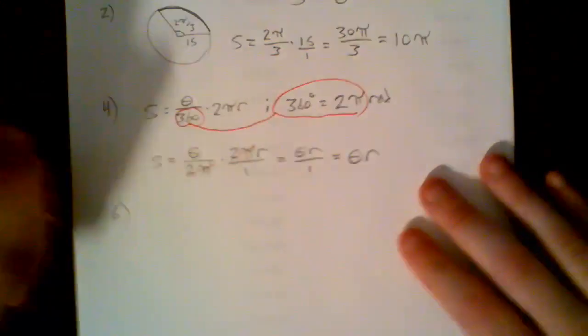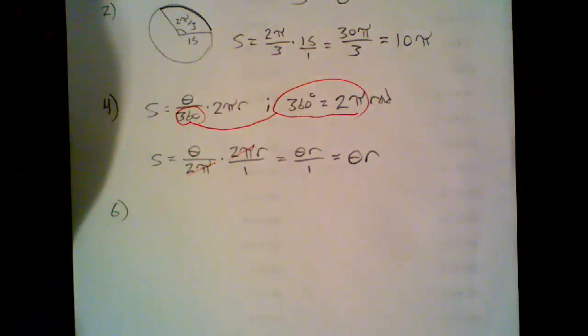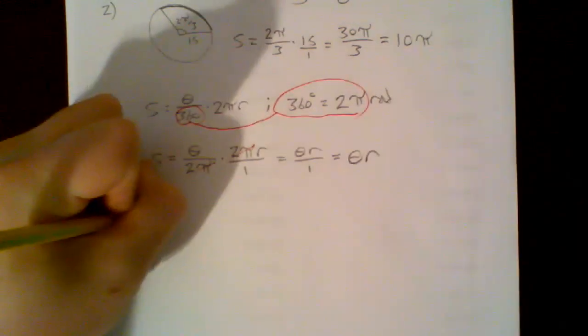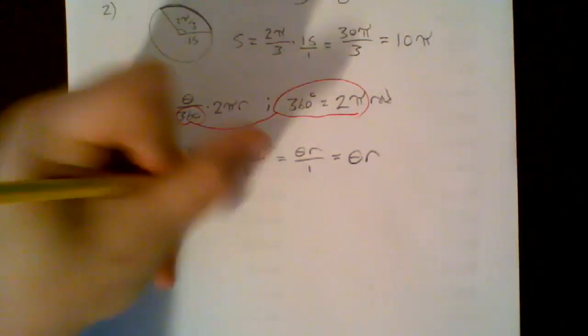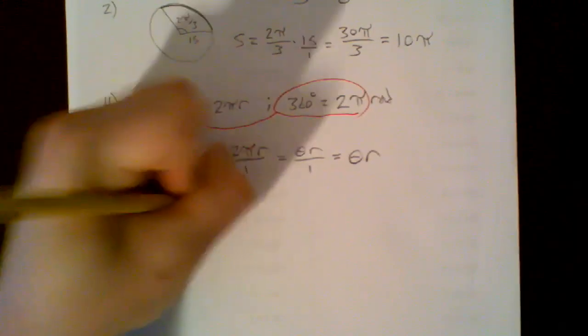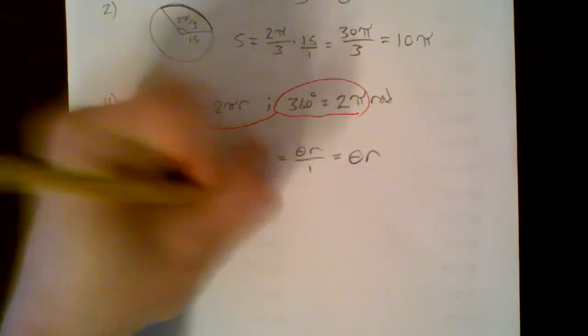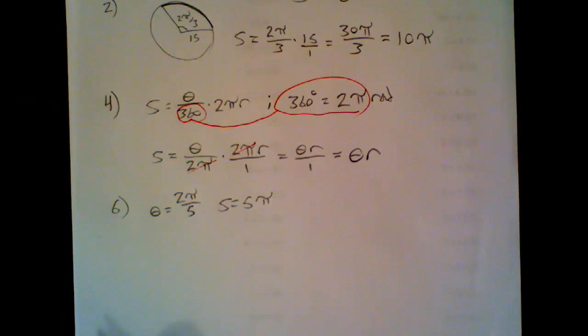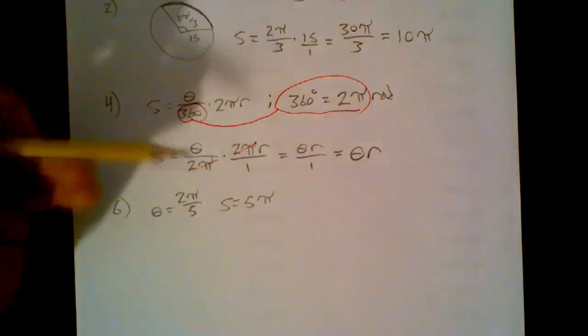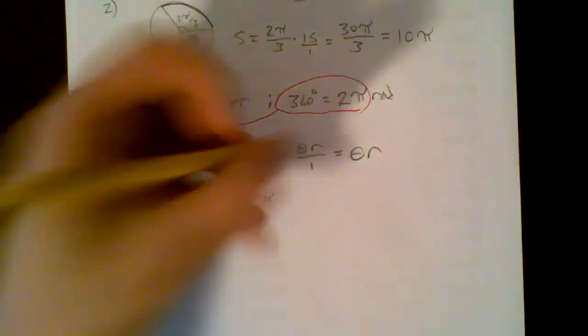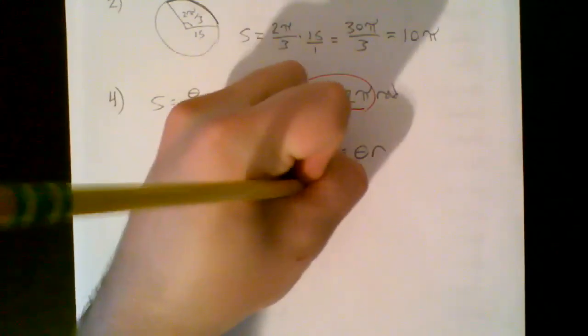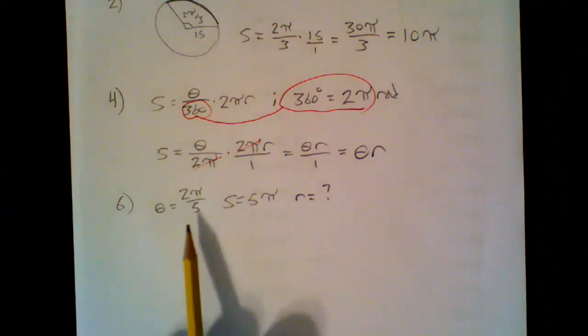Number 6. Number 6 says theta equals 2 pi over 5 radians. S equals 5 pi, and they want us to find the radius. Okay, so r equals question mark. So again, this is an arc length.